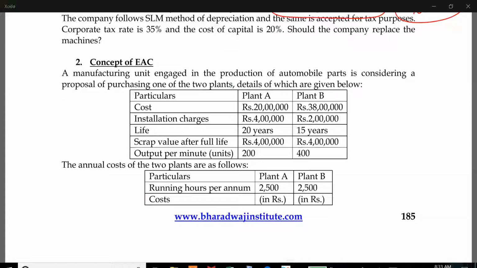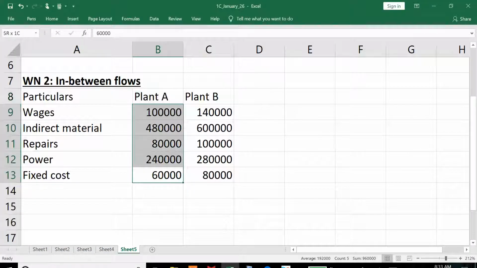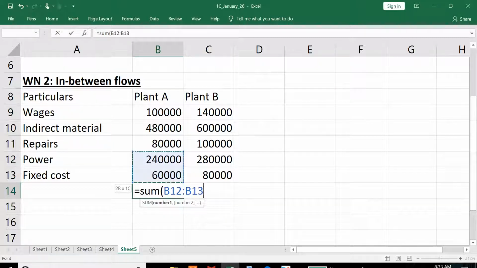If tax was given, then this is not my expense. The expense would have been this into 1 minus tax rate, because there is going to be a tax saving on these items. So this into 1 minus tax rate will only be my expense. Let's assume there is a 30% tax rate.